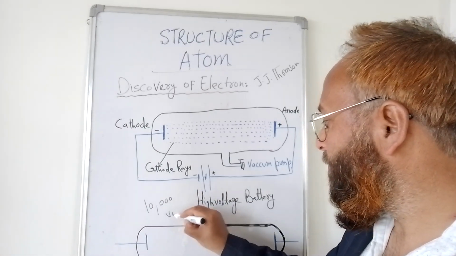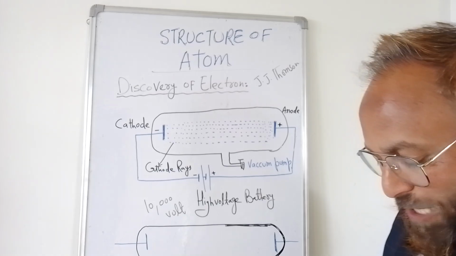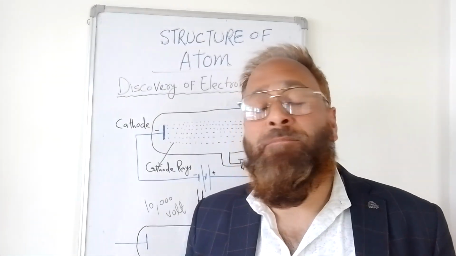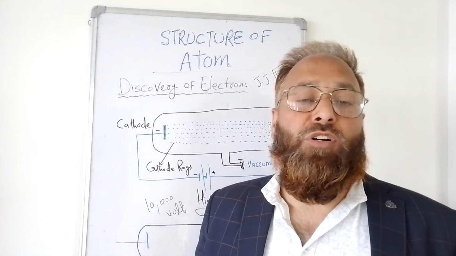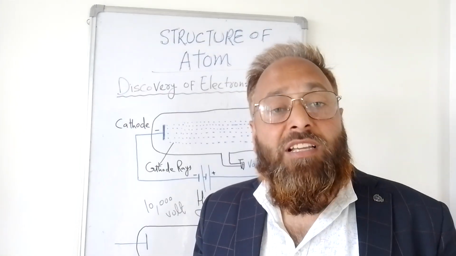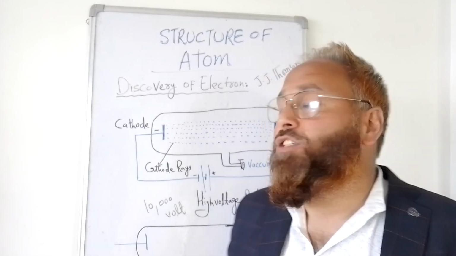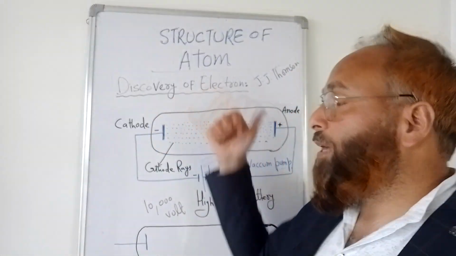10,000 volt energy is to be applied. When 10,000 volt energy is applied, certain conditions are required in order to discover electrons. What are these conditions?